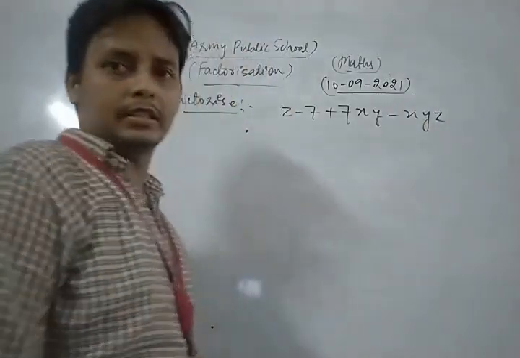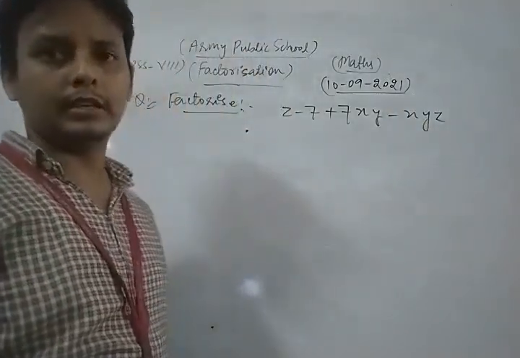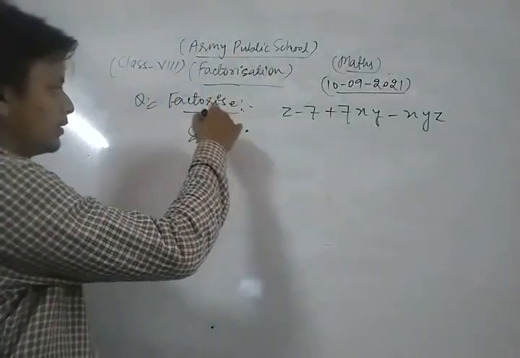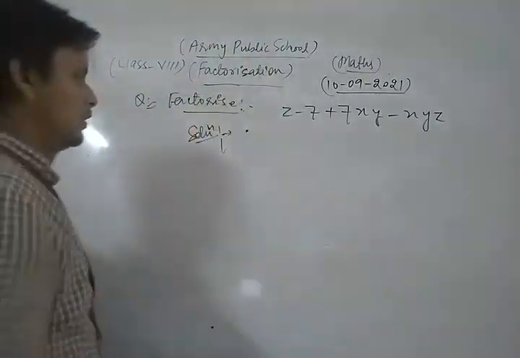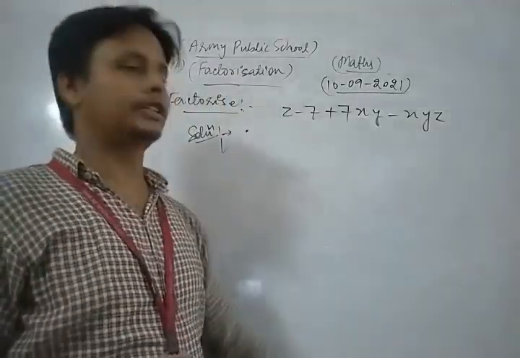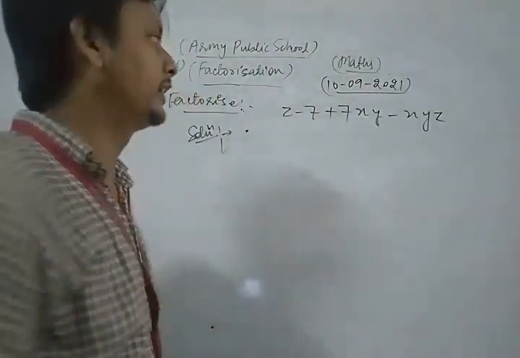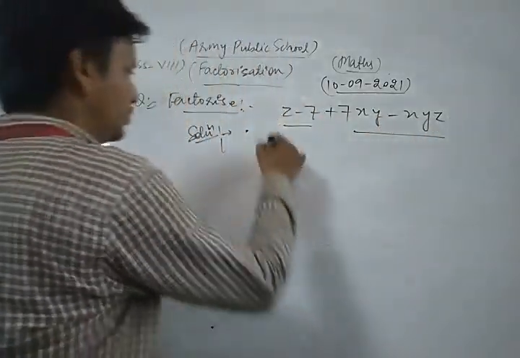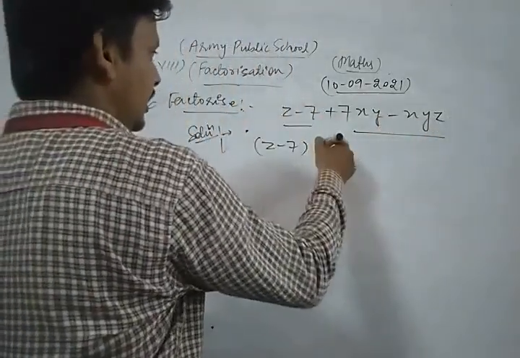So what do I do for that? Look, in that question, dear friends, we take these two and these two terms together. So we write z minus 7.